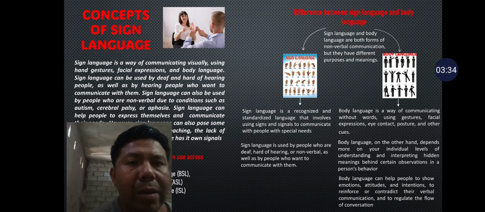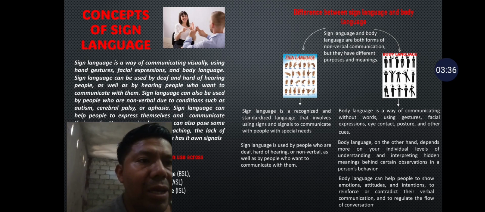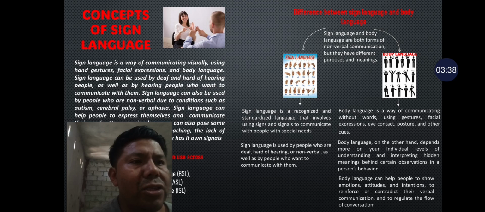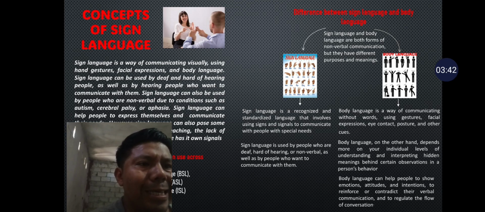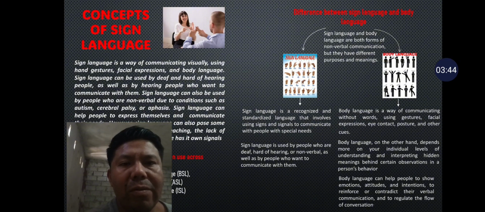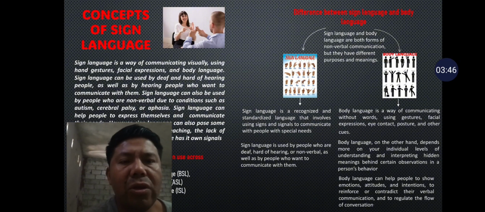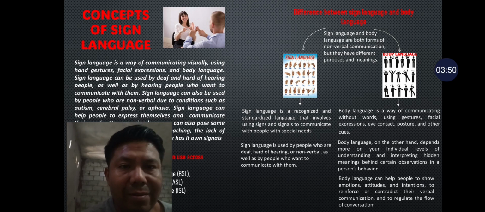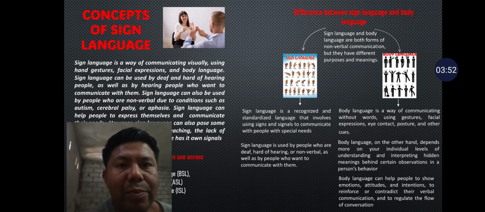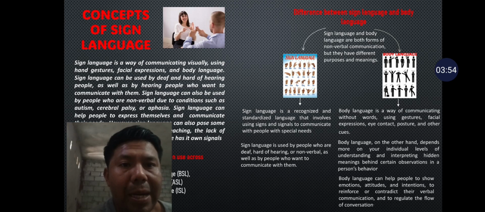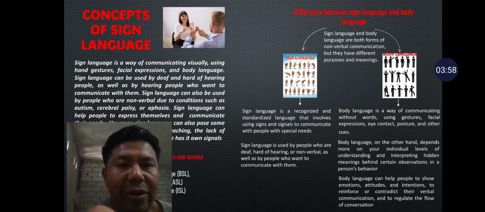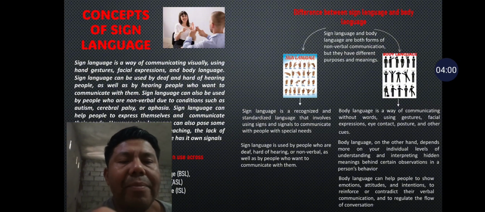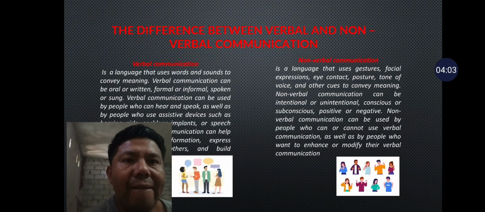So body gestures depend on the interpretation of every person, because one person can express something, but with a gesture they can demonstrate another context. Okay, so let's start with the next slide.